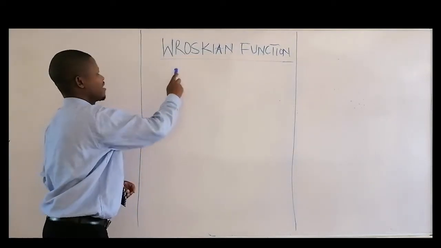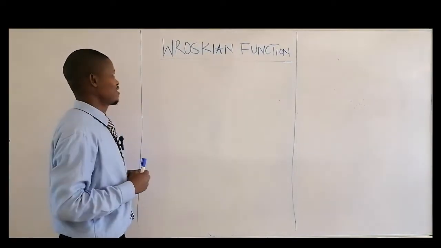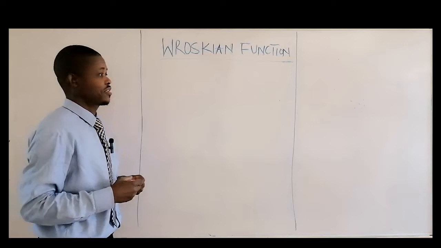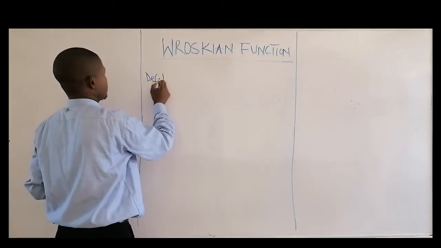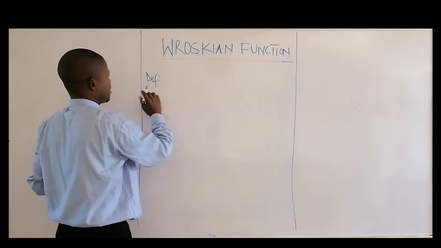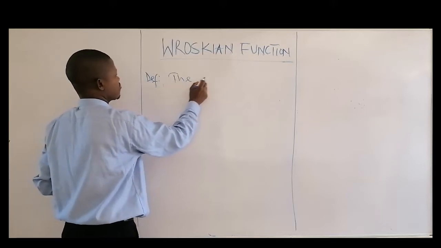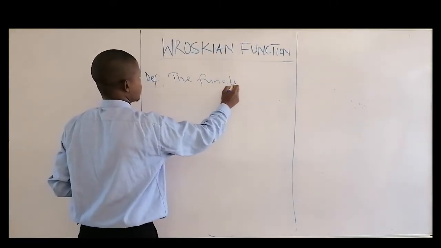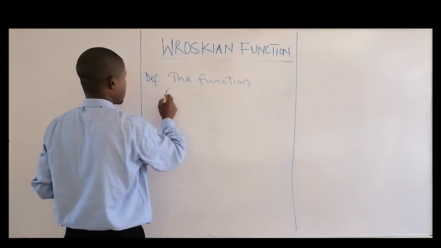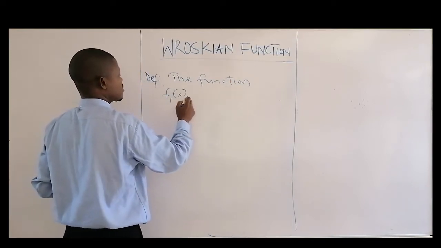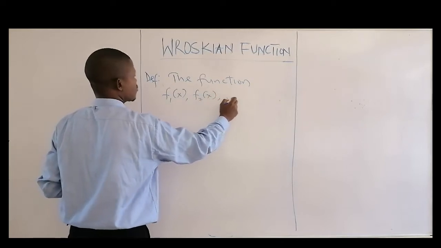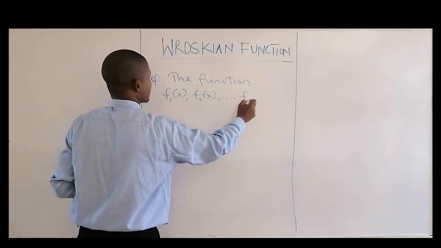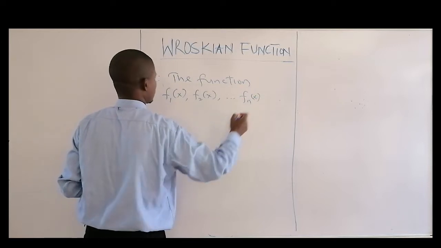Yeah, we're looking at the Wronskian function, and let's look at the function definition. The functions f1 as a function of x, f2 as a function of x, and so on to fn as a function of x.